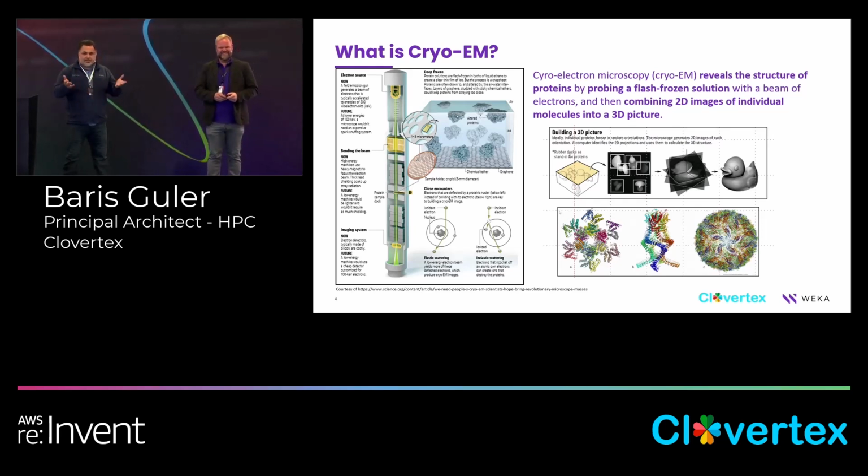Basically, cryo-EM has recently been popularized. It flash-freezes liquid containing protein molecules and goes through electron microscopy to capture images of thousands of particles, and determines the 3D structure of a protein.